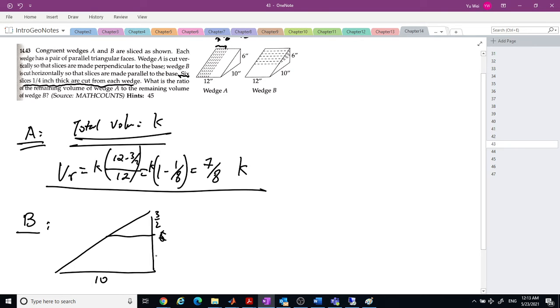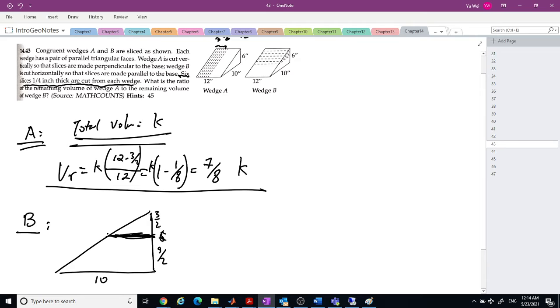So 2 over 12 is 9 over 2. Okay, so now we want to see what is the volume we cut here. Okay, so we can see the ratio of this one to this one.